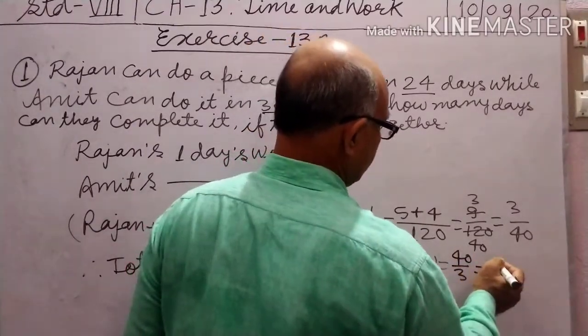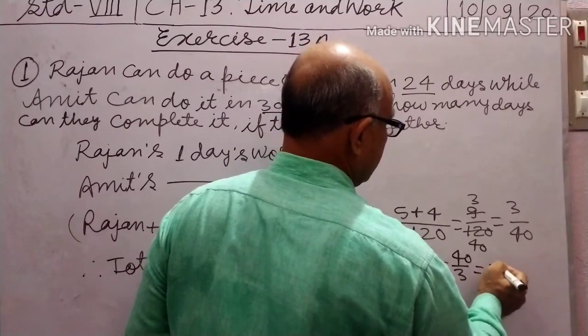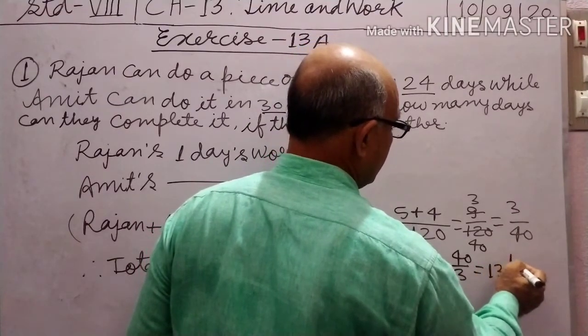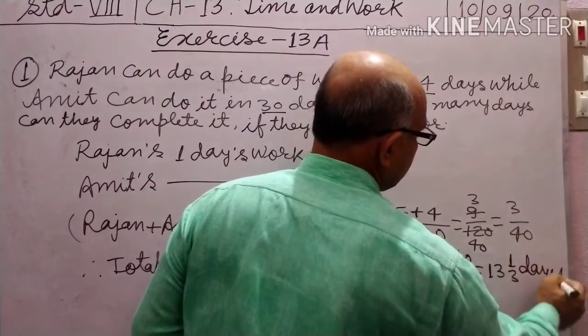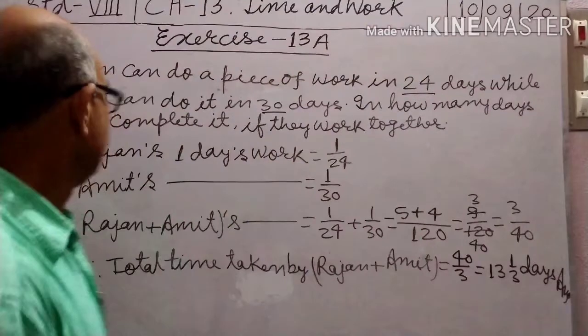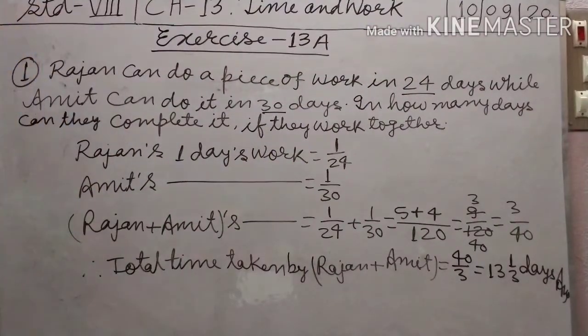So 13 whole 1 by 3 days. Answer. Understand and write it.